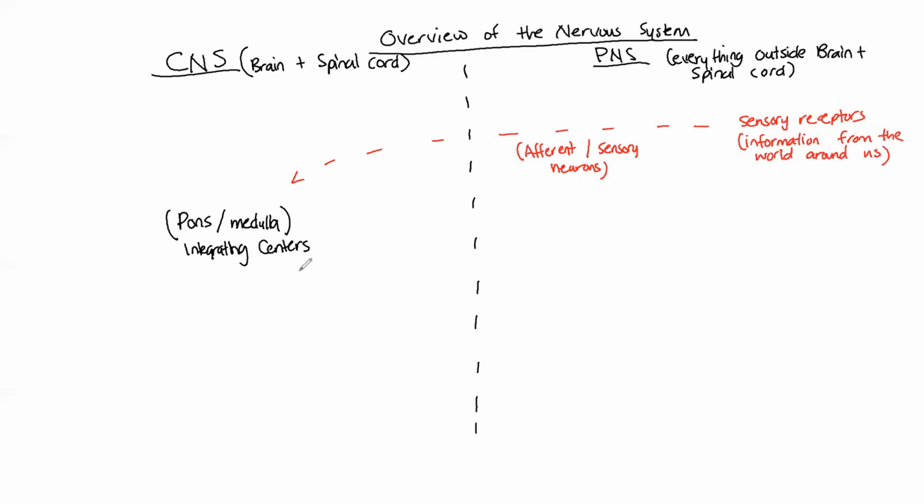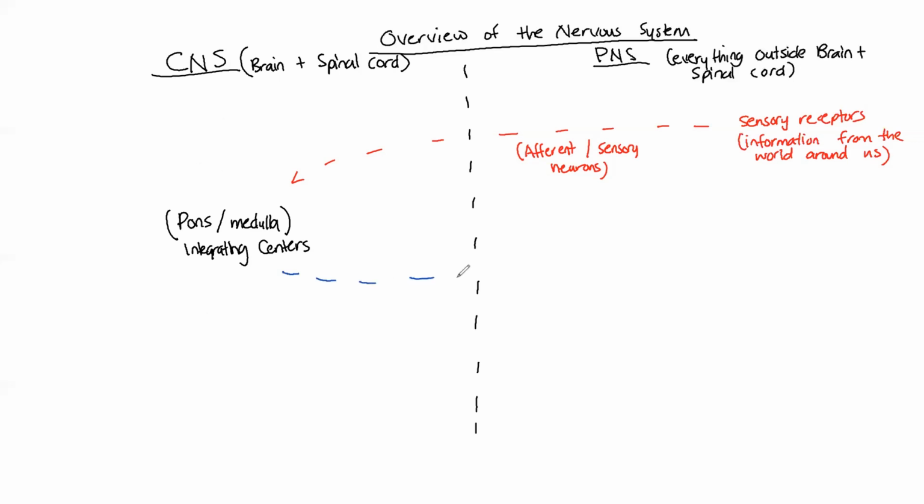We can then speak about efferent signals. These are signals that are moving in the opposite direction, basically instructions going from the pons and medulla, sometimes from our higher centers, if we make conscious decisions about these instructions, so from the prefrontal cortex, but those messages still have to go through the pons and medulla.